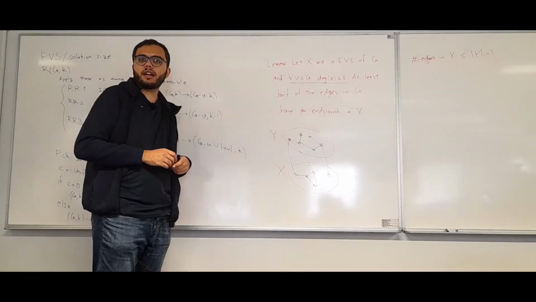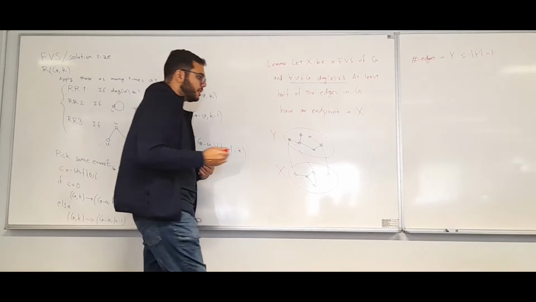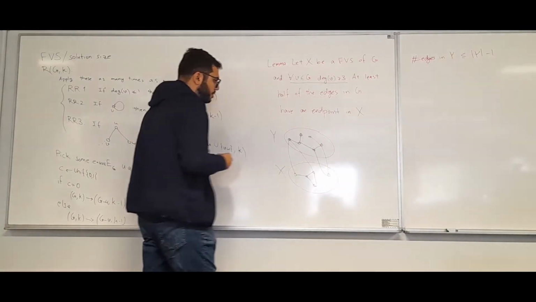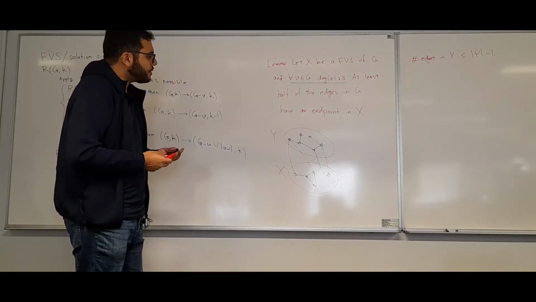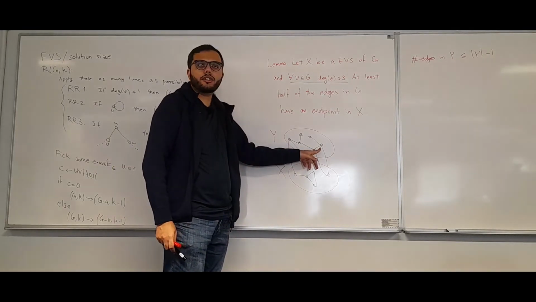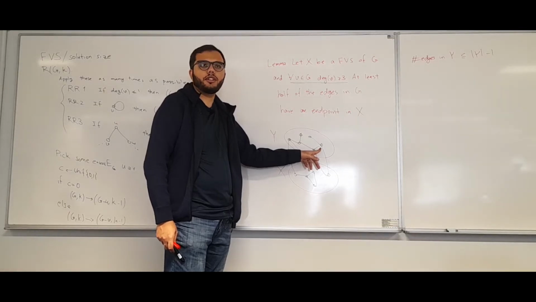So it has to have at least 1 edge that goes from Y to X. Okay, so this has to have at least 1 edge going to X. But I also have a bunch of other vertices, and these are the vertices that already have degree 3 or higher in Y. I can't say anything about these guys. They might have all of their edges in Y.